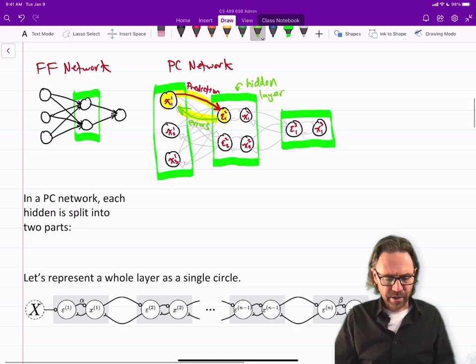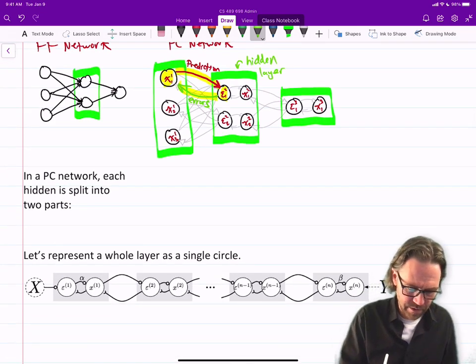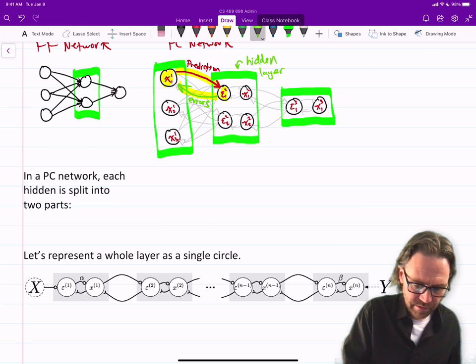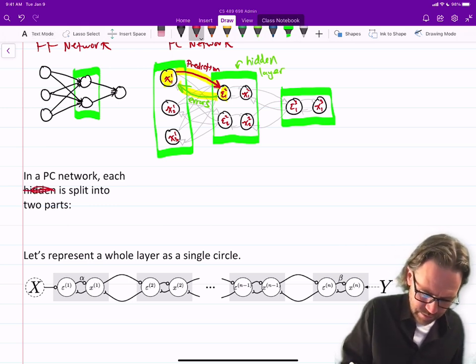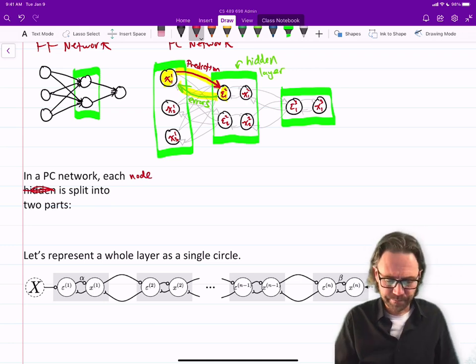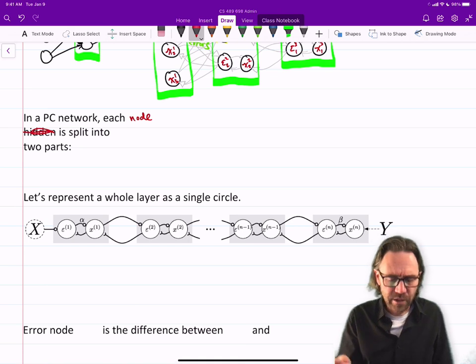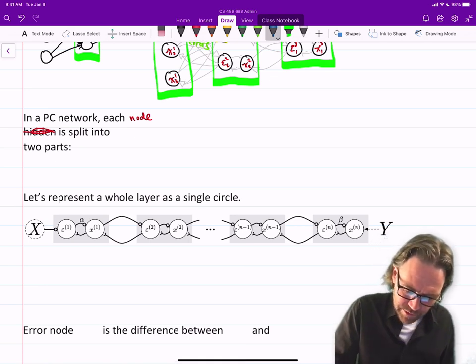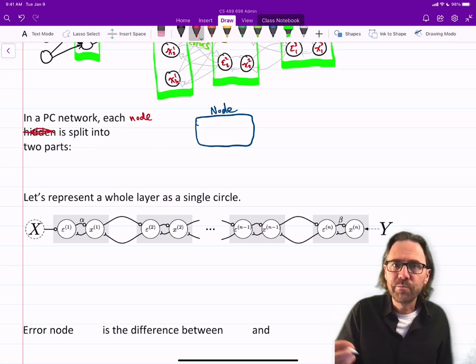So in a PC network, each node is split into two parts. Whereas we would have had a single node before, now we break it up into two pieces.